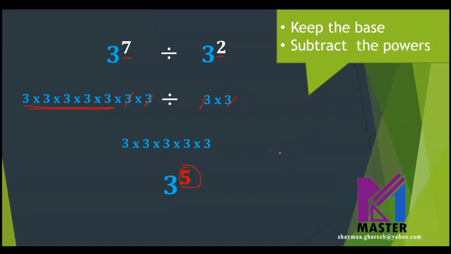And please pay attention that we subtracted the first power minus the second power. So we always subtract the second power from the first power. I keep the base as it is, then I subtract the second power from the first power. So 7 minus 2 equals 5. Is this clear?